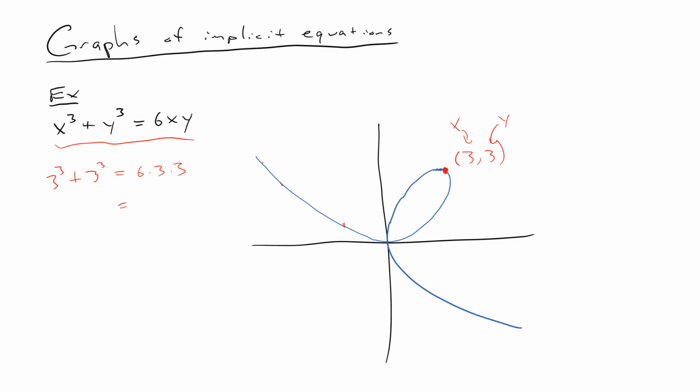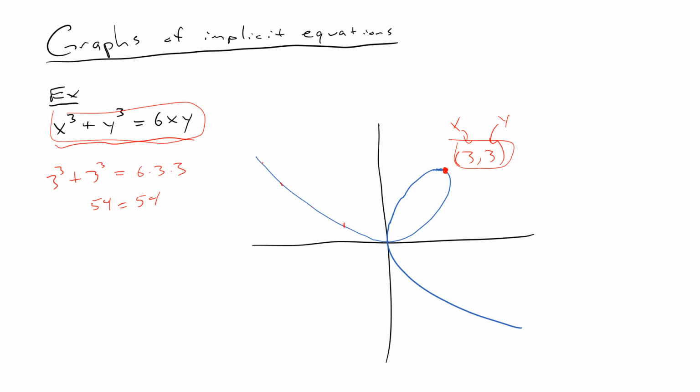And after some simplifying, you get that both sides come out to be 54. So, in other words, this point (3, 3) is a point that works in this equation.